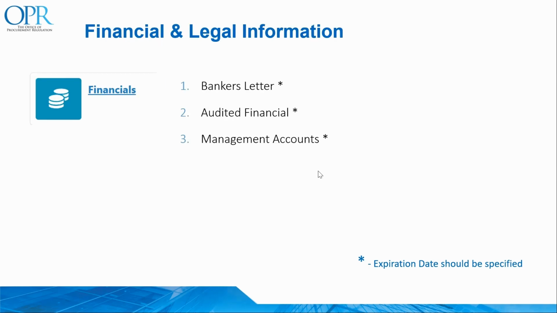In terms of financial and legal information, suppliers can supply the financial proof, whether it's a banker's letter, audited financial statements, or management accounts, and then depending on your financial category, you will need to supply either one or all of these documents.